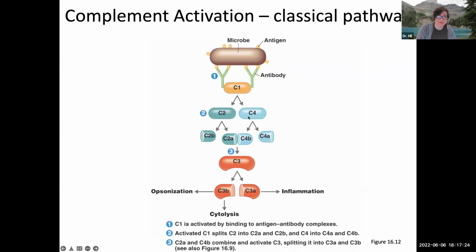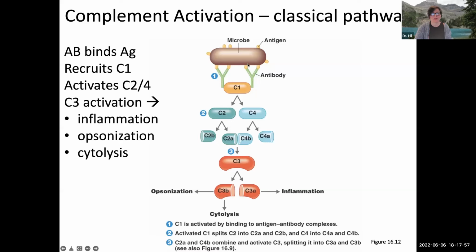C1 activates C2 and C4 by breaking them in half, and one piece of each of these activated proteins gets together to create something called C3 convertase, which binds to and chops in half C3. And now we have C3a, which can participate in inflammation, and C3b, which can participate in opsonization and initiate cytolysis through activating C5.